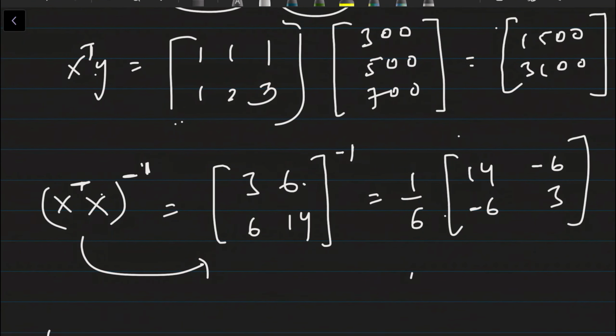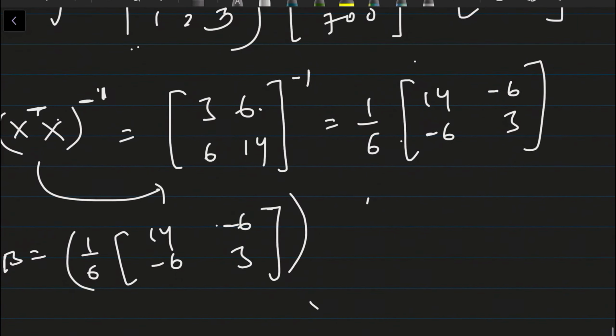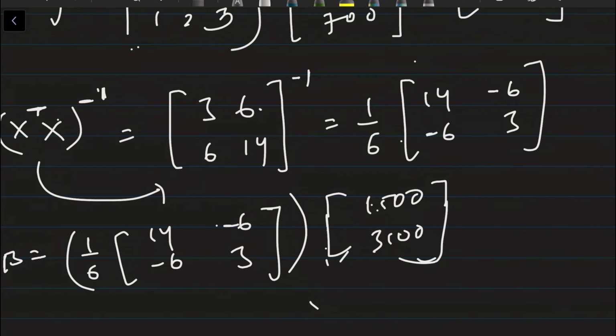Beta equal to 1 by 6, 14, minus 6, minus 6, 3, into 1500, 3100.